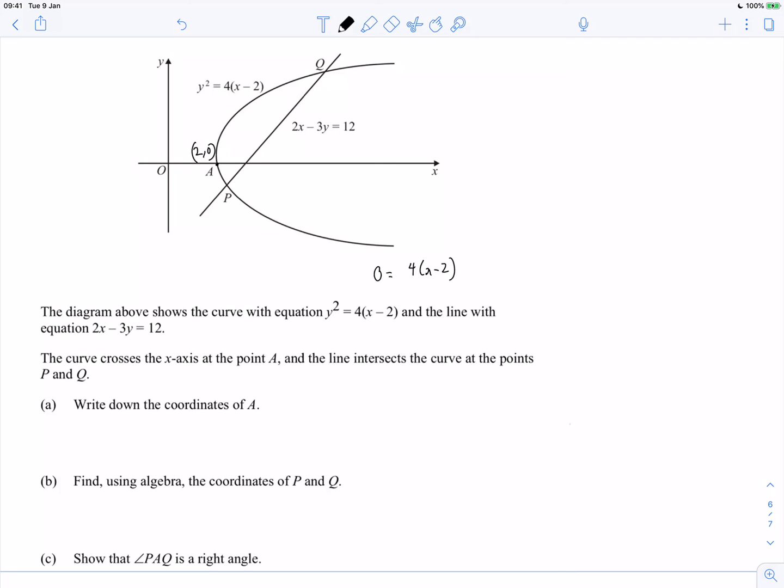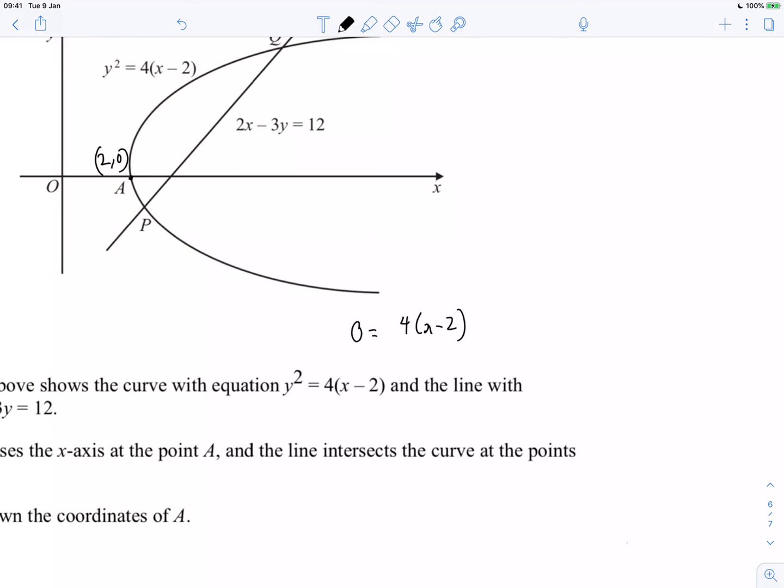B, find using algebra the points P and Q. Well, I need to solve simultaneously. So what I'm probably going to do is make y the subject here. So this becomes 2x minus 12 equals 3y. So y equals 1/3 of 2x minus 12.